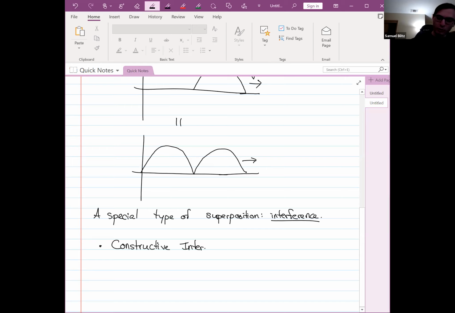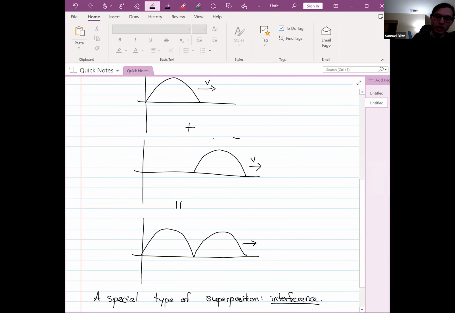And you may have heard these words before, by the way. So constructive interference occurs when the waves are perfectly aligned. What that means is, imagine that you have two identical waves that are aligned. One example would have been if this chunk of wave actually started out over here. Well, then they're perfectly aligned.